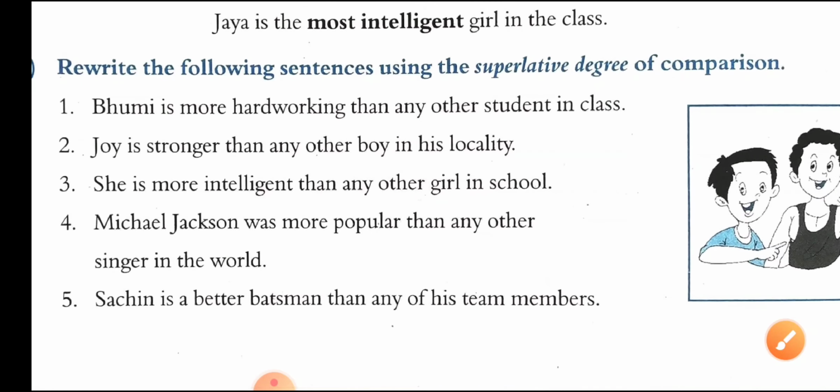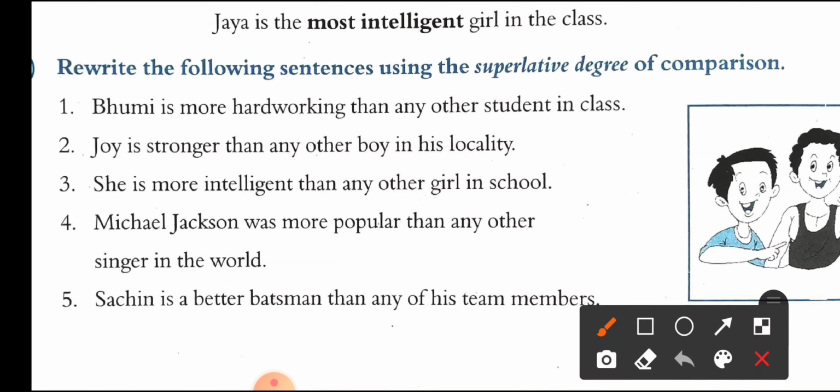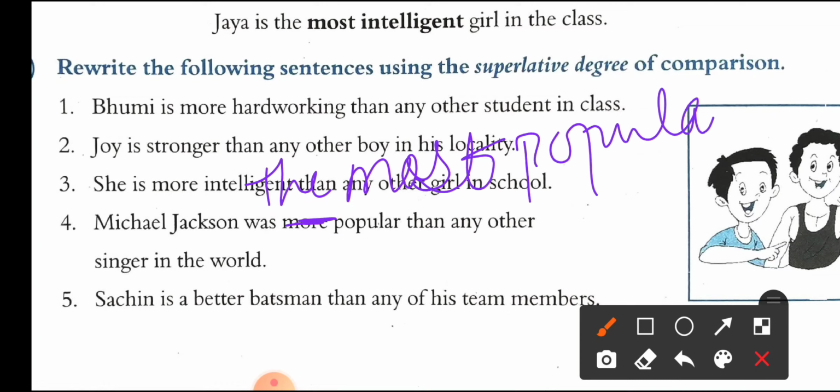Michael Jackson was more popular than any other singer in the world. So we are talking about Michael Jackson. So "more popular" you have to remove from here, "was the most popular." Michael Jackson was the most popular singer in the world.